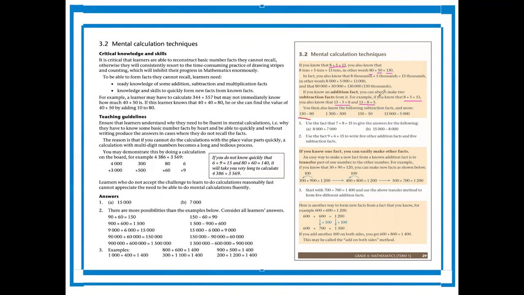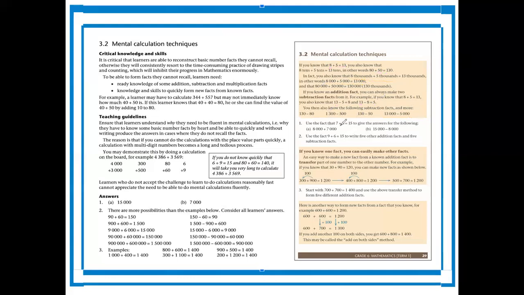So this is related to this one, and this one is related to this one, I think. No, sorry. 13,000, there you go. So this is related to this one. Yeah, and there'll be other subtraction facts as well, because it says that there are 2 subtraction facts for every addition fact.